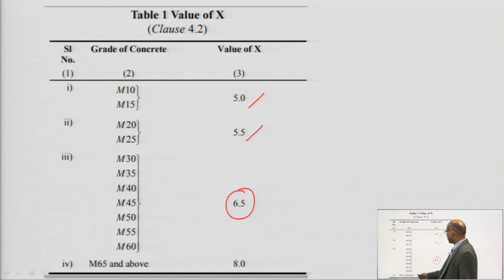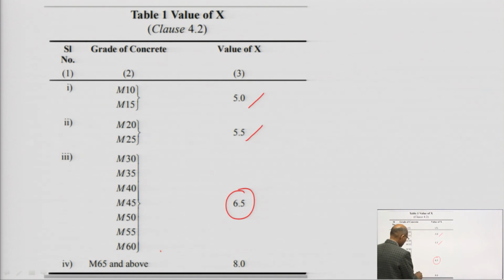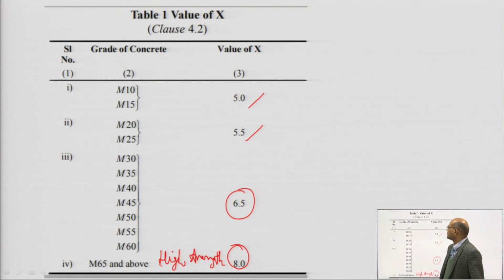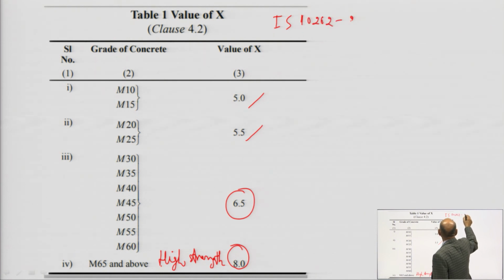M65 and above is the high strength concrete category, and if you are using high strength concrete, then minimum you have to increase 8. This data has been given in Table 1 of IS 10262:2019.